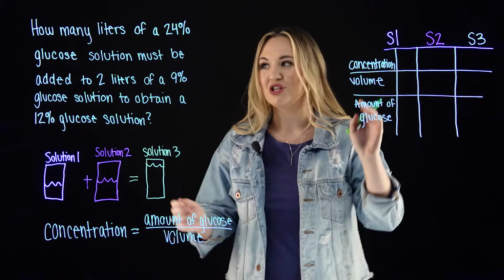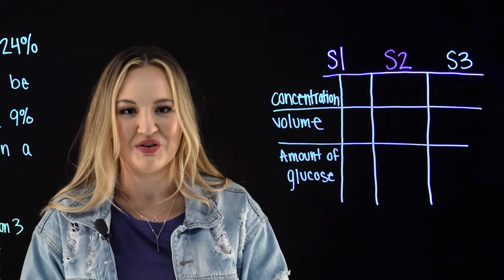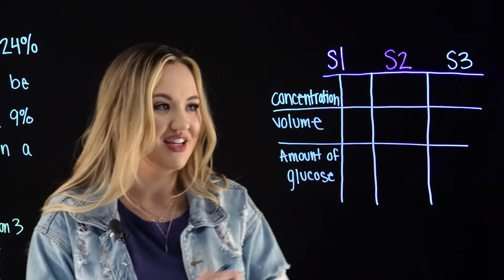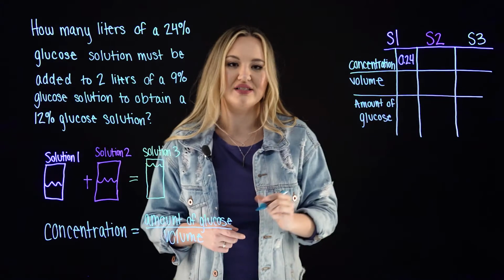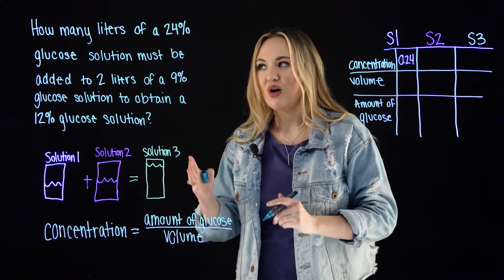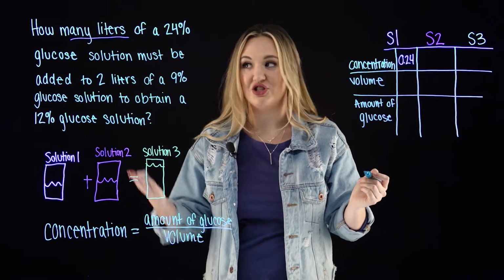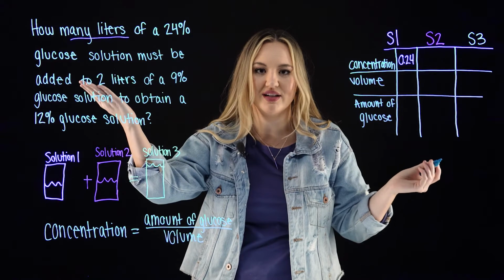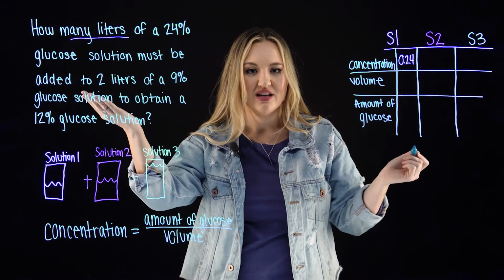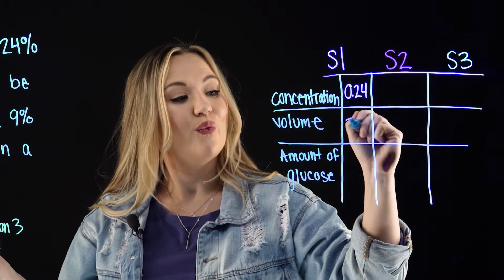All right, so solution 1, it says it's a 24% glucose solution. So 24% as a decimal is just 0.24. Now our question asks how many liters. That's what we're trying to find, how many liters of 24% glucose solution, or solution 1 in our case. So let's assign that a value of x because we don't know.